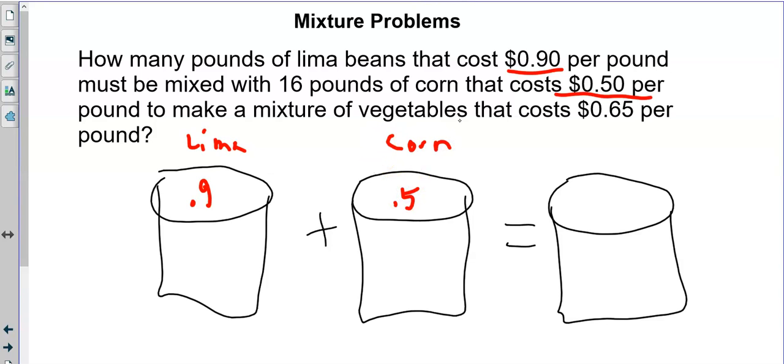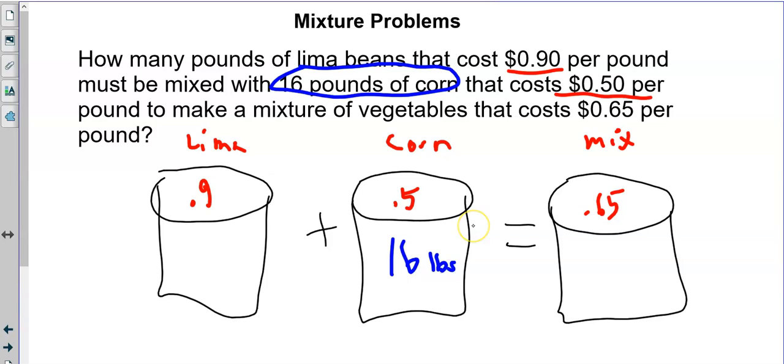Add those together to get our mixture. Sorry, and this is 0.65. And then the cost, 16 pounds of corn. So we do know it has 16 pounds of corn.